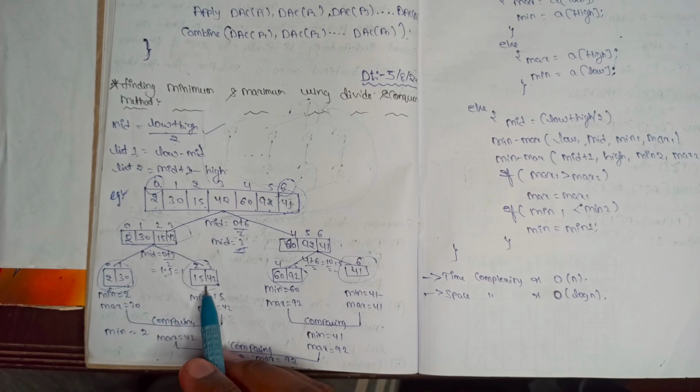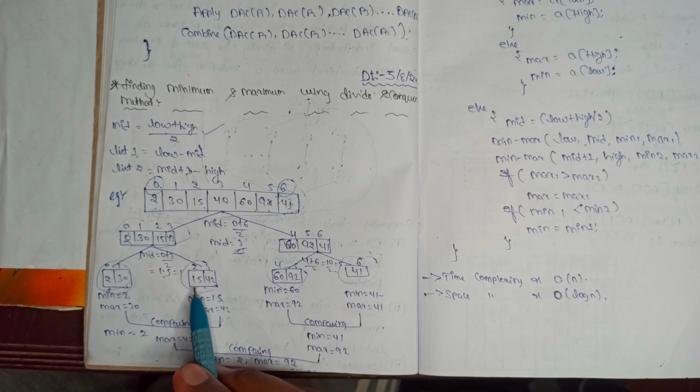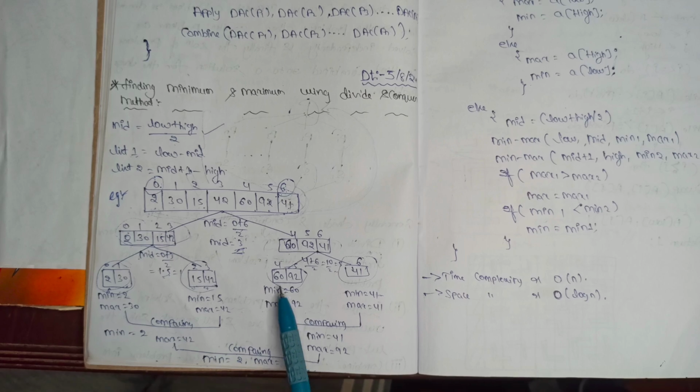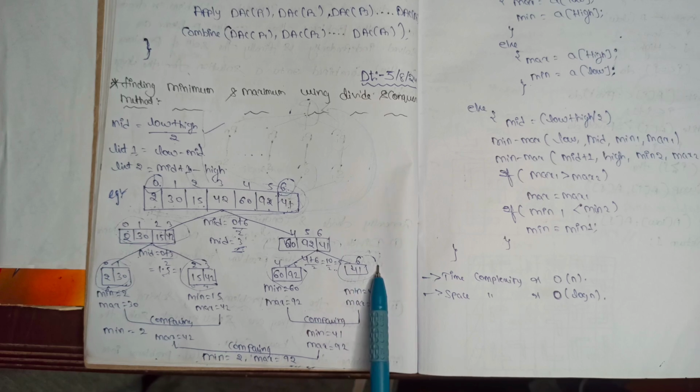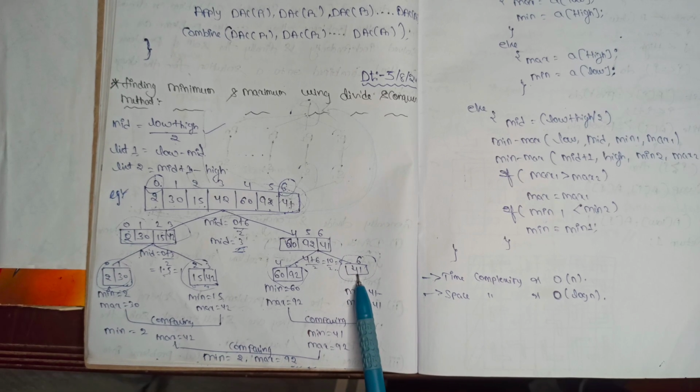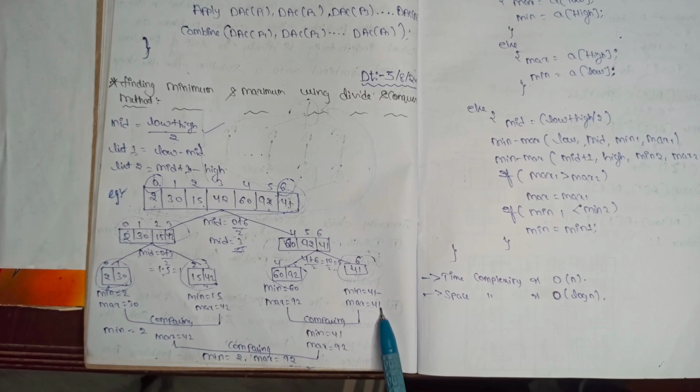Similarly for the second one, 15 and 42, the minimum value is 15 and the maximum value is 42. Similarly for index 4 and 5, the minimum value is 60 and the maximum value is 92. And here there is only a single element, so the minimum value is 41 and the maximum value is also 41.